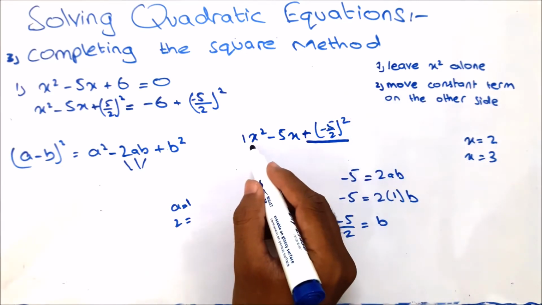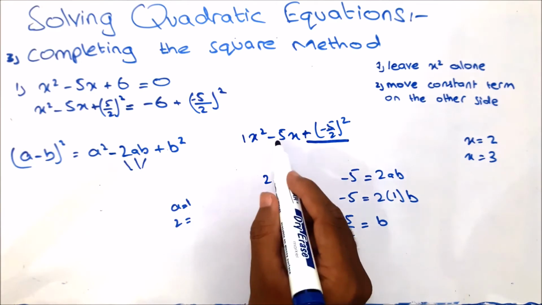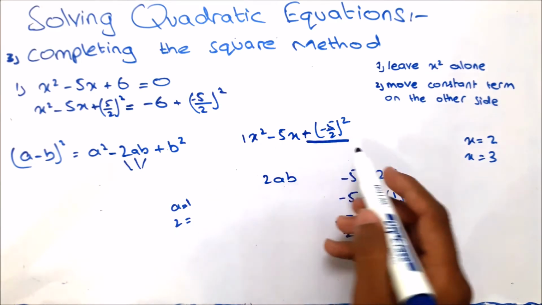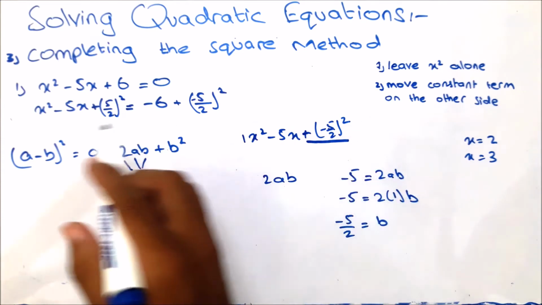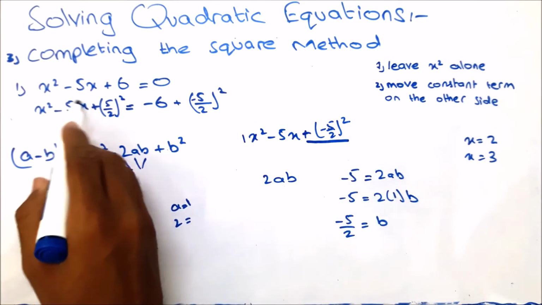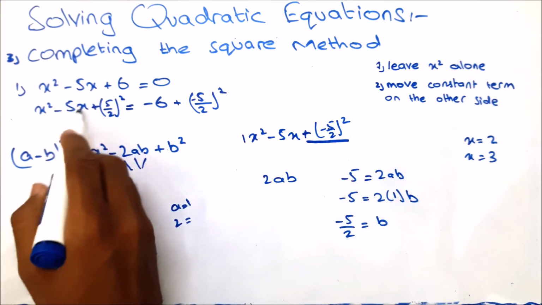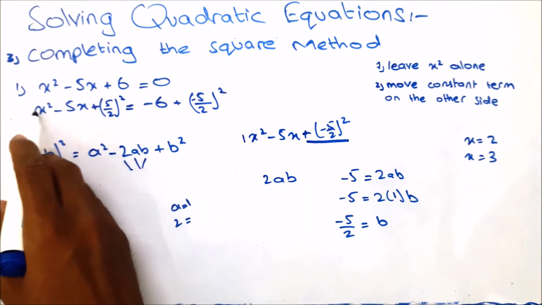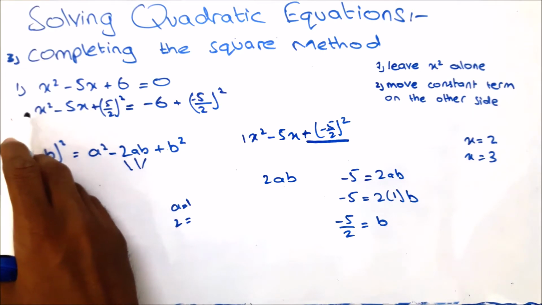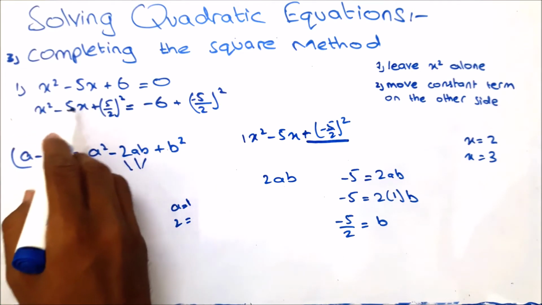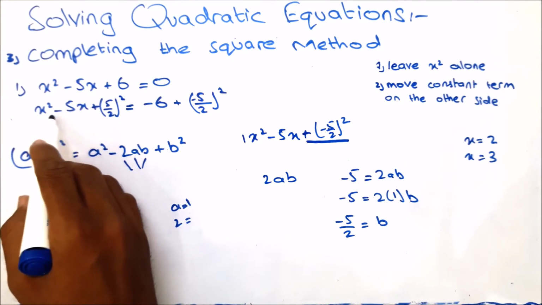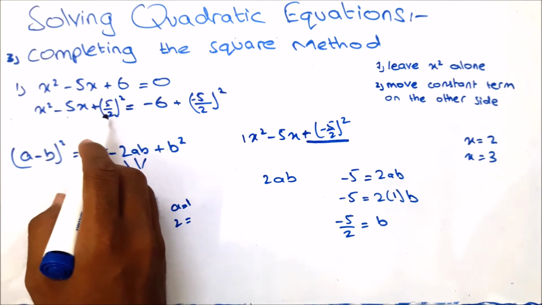This we have a squared minus 2ab, this thing is 2ab, and here we have our b squared. I hope it is clear now that this thing is our 2ab, and by this we have our a over here, ax squared plus bx plus c. So here we have our b, and this is 2ab, and we need to find our b.